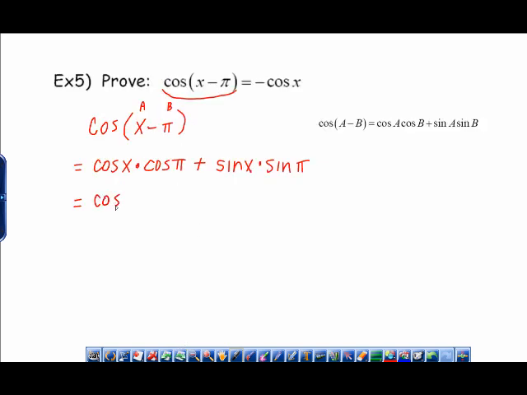Okay, so cosine x times cosine of pi, or 180, that's -1. All right, then we have sine x times sine of pi, that was 0. So essentially what that does is gets rid of that whole term. And I am left with negative cosine of x. There we go. Okay, so that's just one place where you could use the sum and difference property to prove.